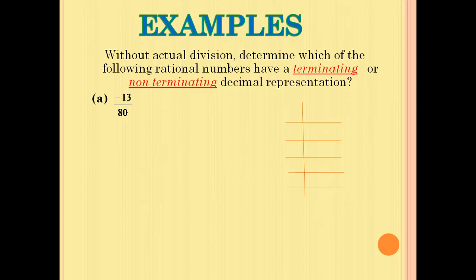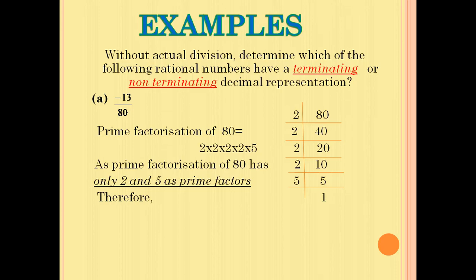So you will do the prime factorization of 80. On doing the prime factorization of 80, you get the prime numbers as 2 into 2 into 2 into 2 into 5. Now you can see here that the prime factors are only 2 and 5. So as we discussed, the rational number here gives a terminating decimal representation.